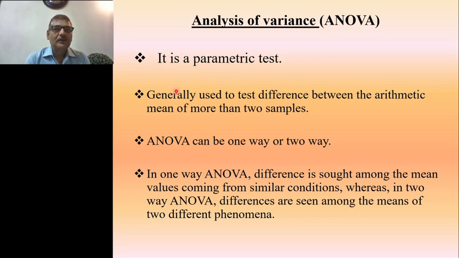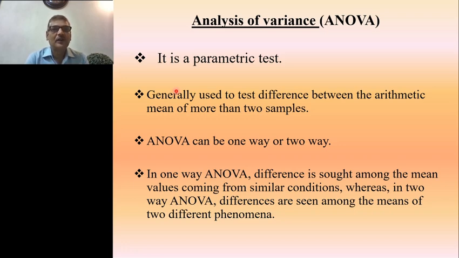The other kind of test is called a non-parametric test, in which values like mean and standard deviation are not required. Chi-square test, Kruskal-Wallis test, Mann-Whitney test, or Spearman's correlation coefficient test are non-parametric tests, because all these tests are based on certain values which are obtained by following certain hypotheses.